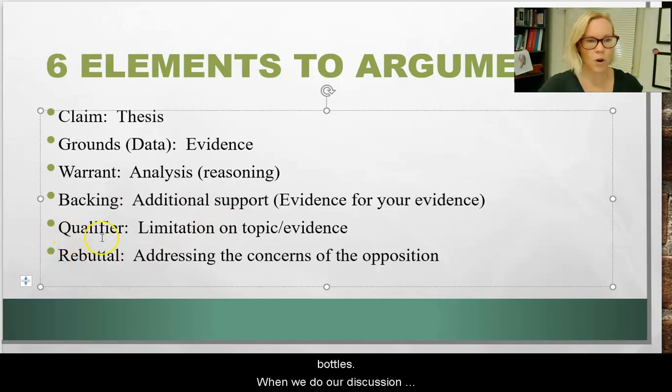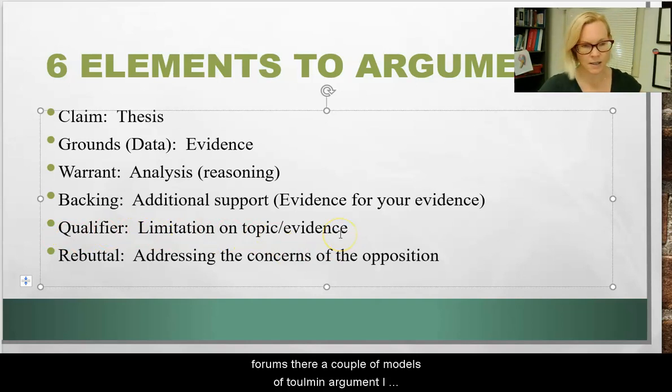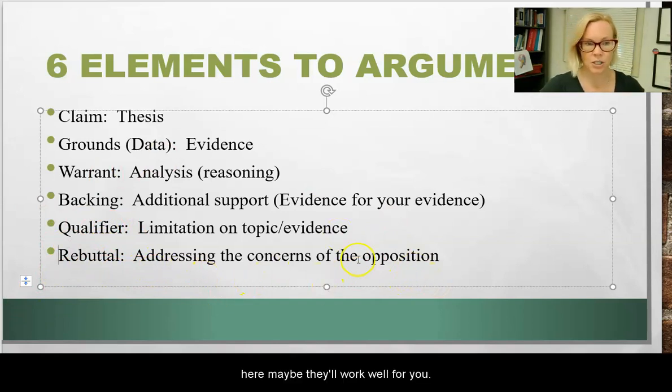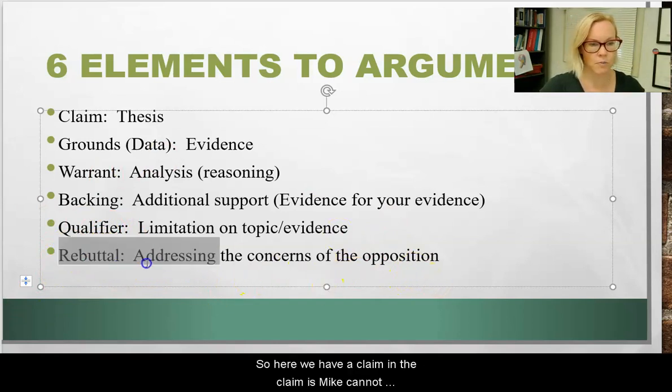Toulmin also recommends a qualifier, that is, any limitations on the topic or evidence to be listed in the argument, and requires a rebuttal, that is, addressing the concerns of the opposition. And we do rebuttals when we do our discussion forums, right?